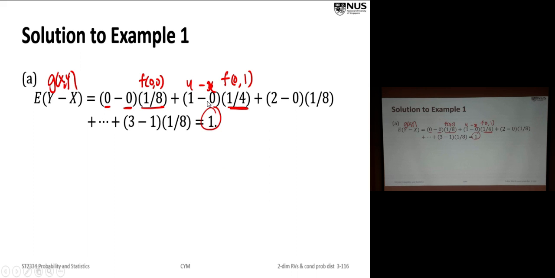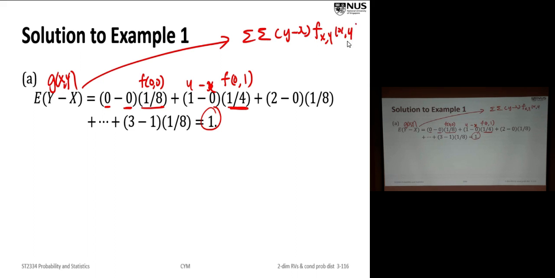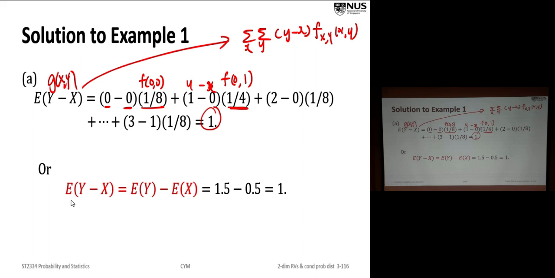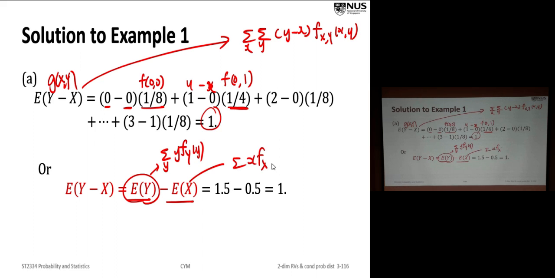The way that I compute it is based on y minus x times the joint PDF, evaluated at y and at x. But there's another way to do it. This one is just the expectation of y minus the expectation of x. So we can get this from the marginal of y, if you have already worked out the marginal, and from the marginal of x.